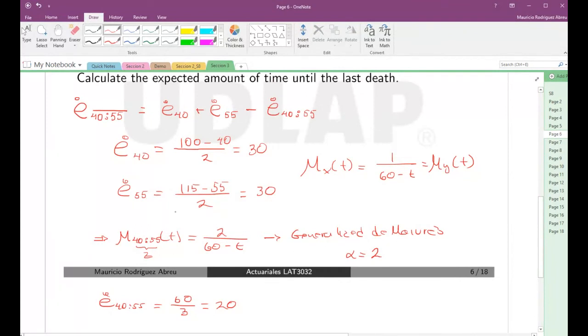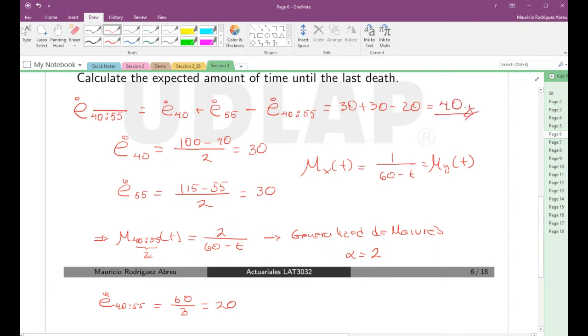And remember that this is just notation that we have. And we know that the expected value for this is just the distance that we have between the age and omega, which for our two distributions is the same, divided by the parameter plus 1, so it's 20. Okay?